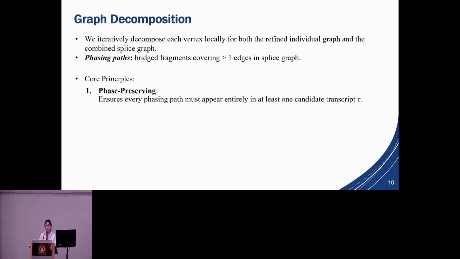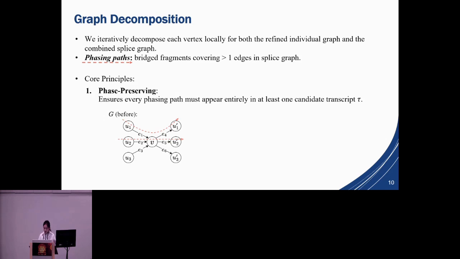In graph decomposition, we iteratively decompose each vertex locally for both types of graphs, using very helpful information that we call a phasing path. A phasing path is defined to be the bridged fragments covering more than one edge in the splice graph.